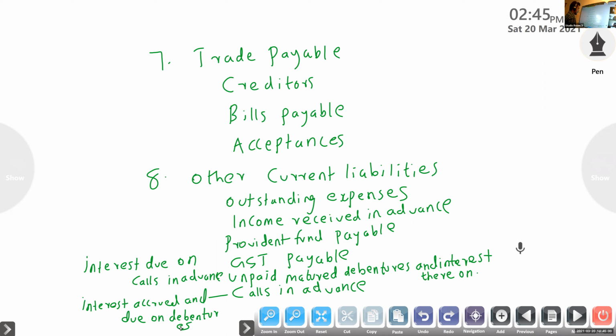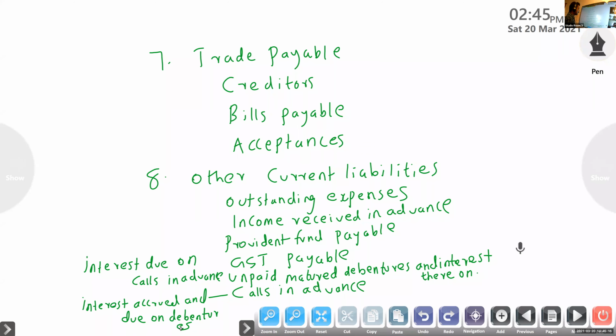Then provident fund payable. The company also has to contribute, that is an outstanding expense. GST payable: we collected GST from the customer, then we have to pay it to the government.